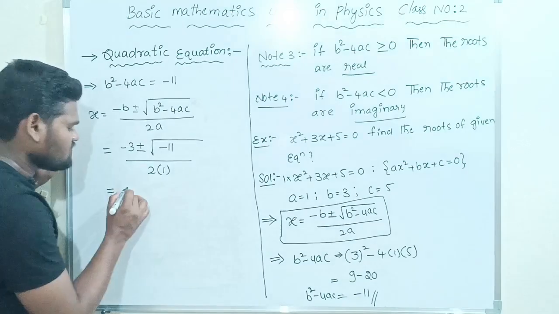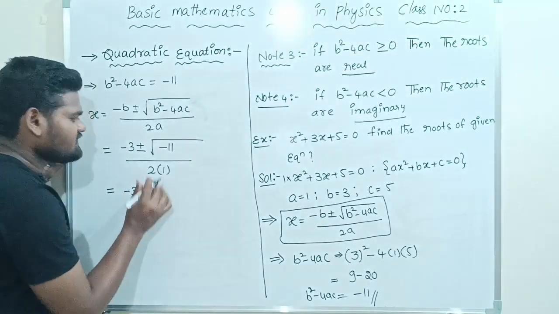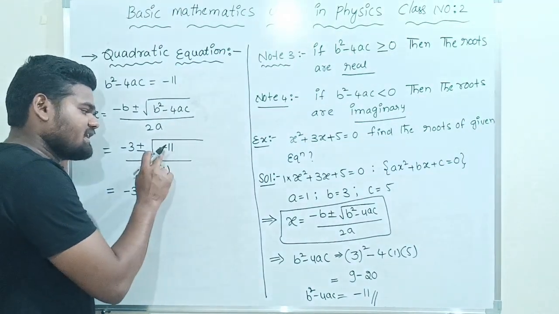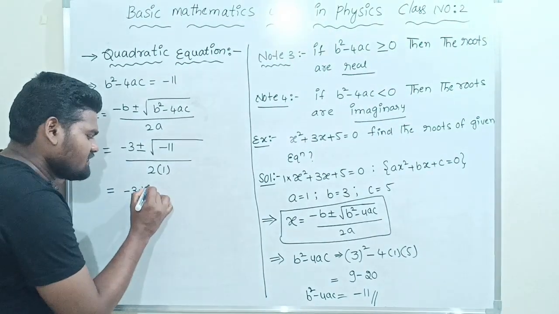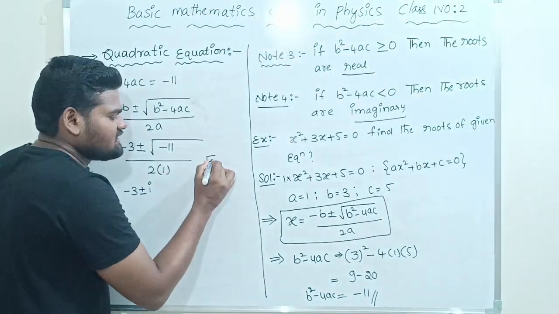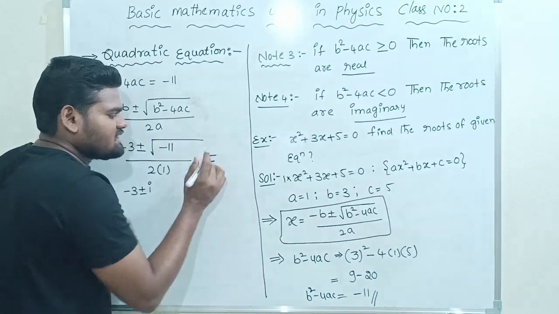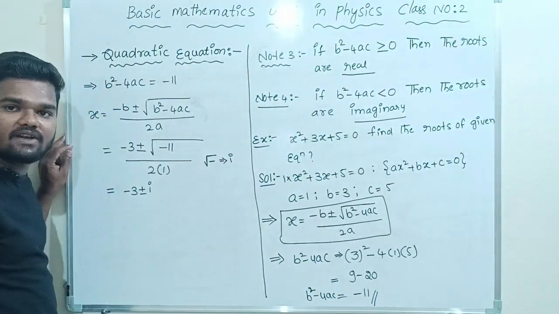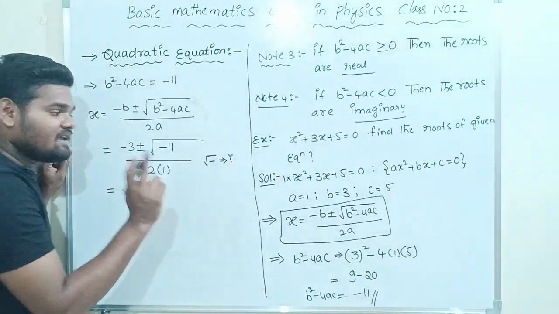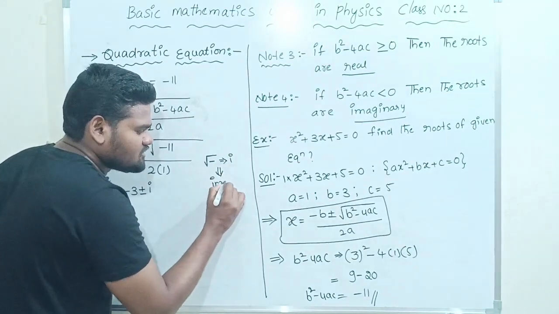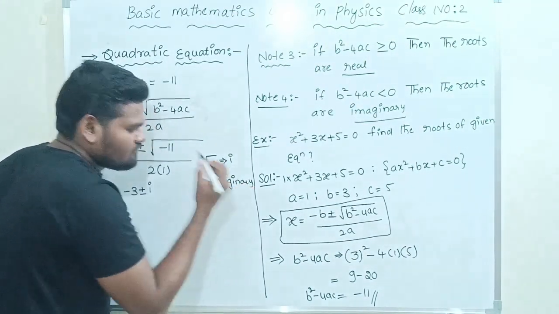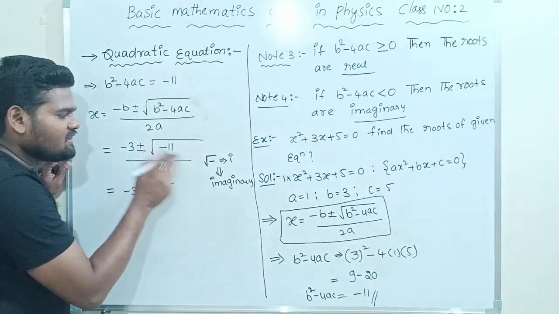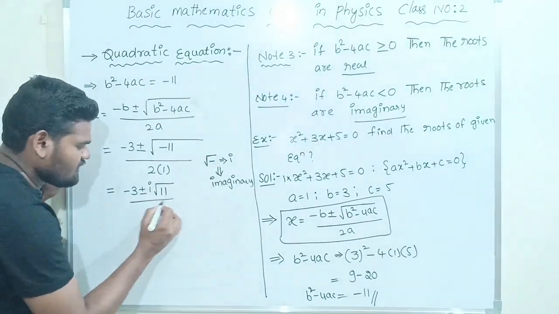Then it is equal to minus 3 plus or minus, if any number is in a root with a negative sign, then root of minus becomes i. That means imaginary. What does this term show? Imaginary term. So plus or minus i into root 11. Where did the minus go? Root minus becomes i, by 2.